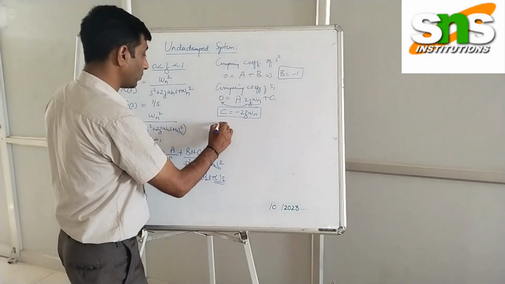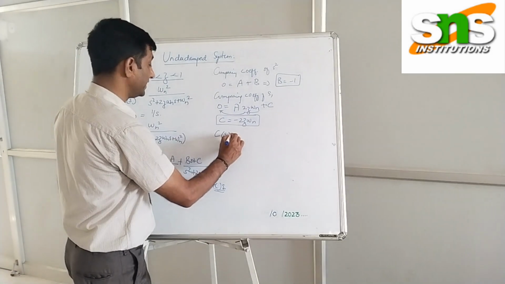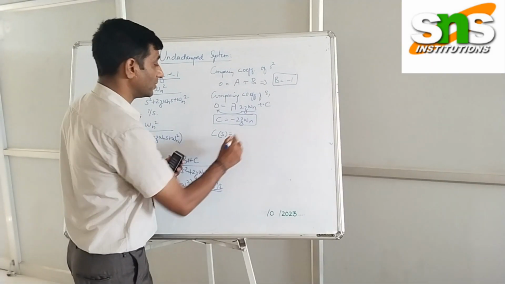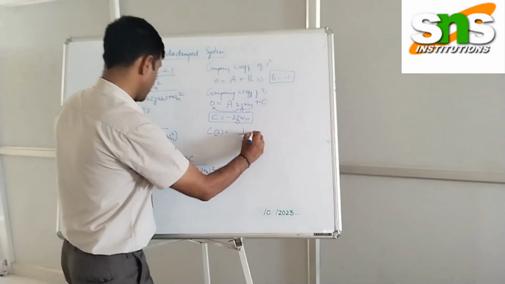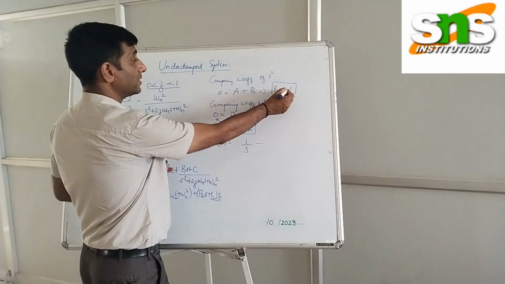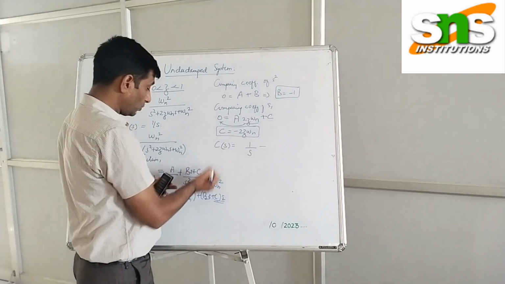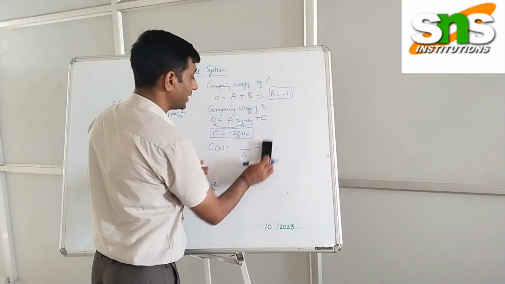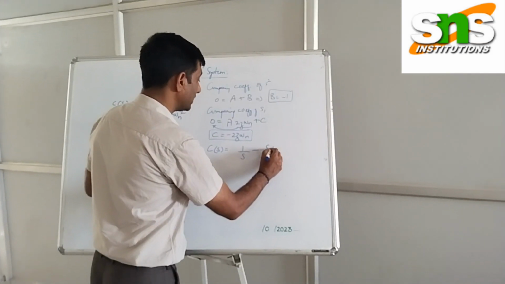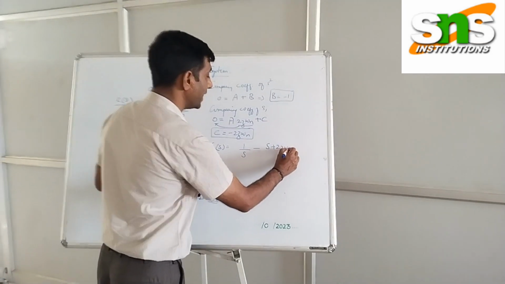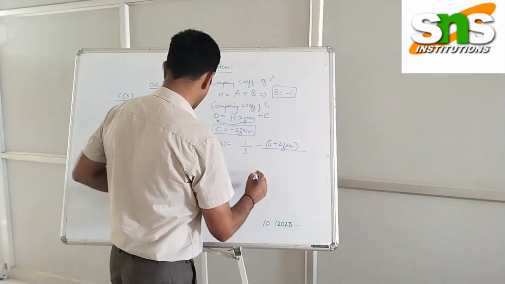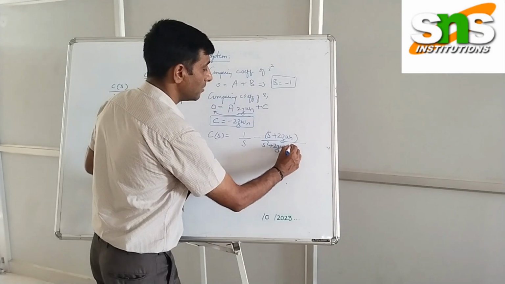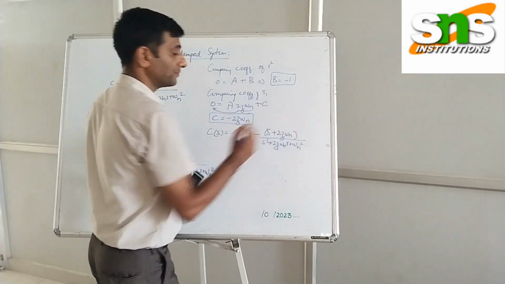Substituting these, we get C of s is equal to A divided by s, which is 1 divided by s, minus, because B is minus 1 and C is also minus, taking the minus outside, s plus 2 zeta omega n, the whole thing divided by s squared plus 2 zeta omega n s plus omega n squared.